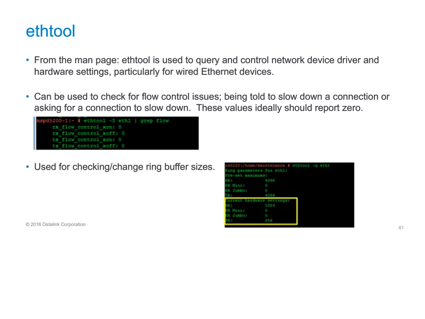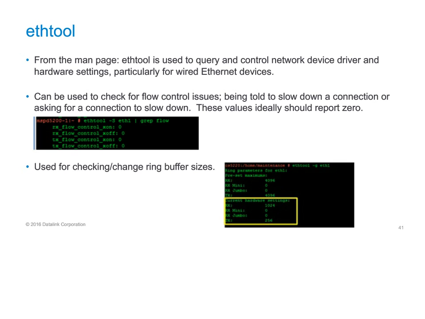Now, this is ethtool. I mentioned it briefly for the ring buffer size, but there are also flow control settings or flow control counters that can be used if you're troubleshooting a poor connection.